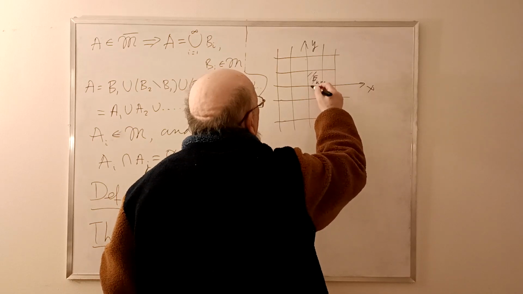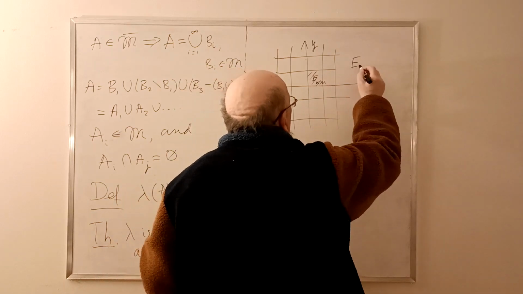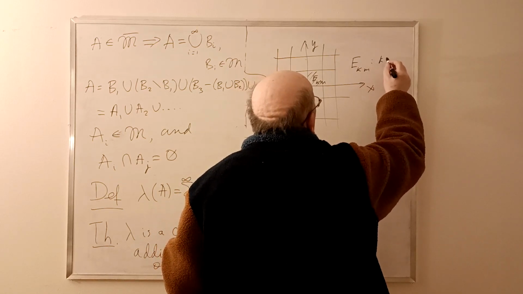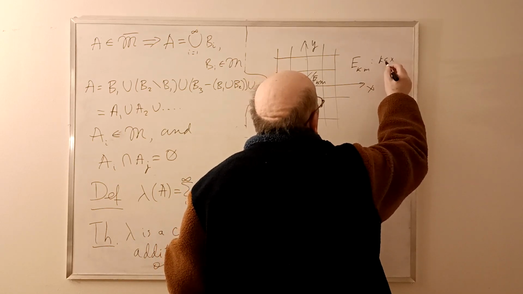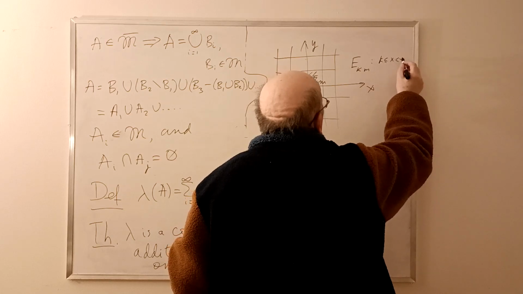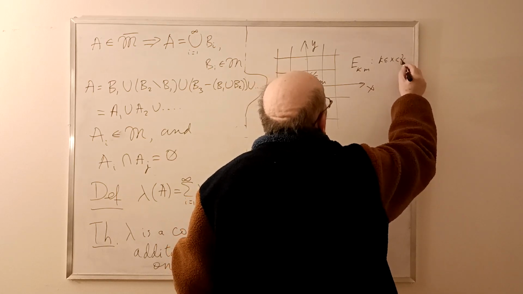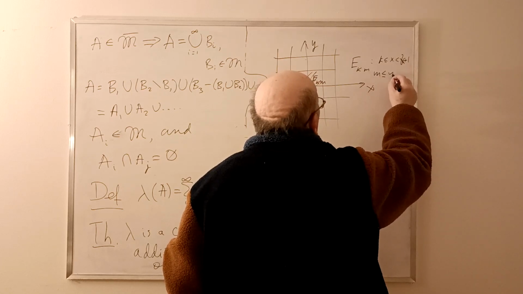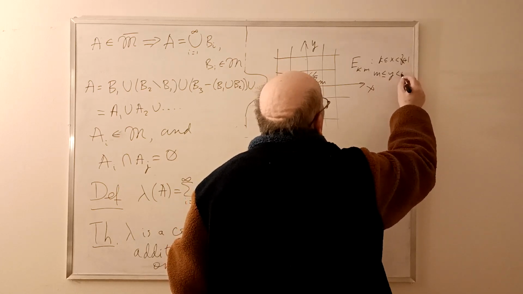It is this square E_km: k less than x less than k plus 1, m less than y less than m plus 1.